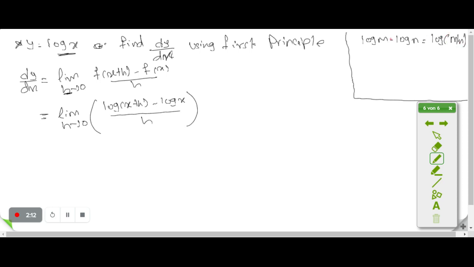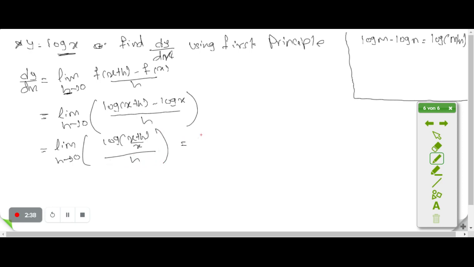In our case, m is x plus h and n is x. So I can use this formula and substitute here. So limit of h tends to 0, log of x plus h divided by x, upon h.